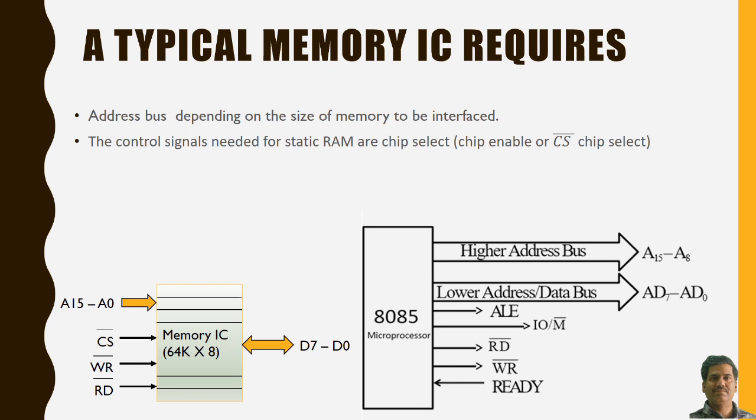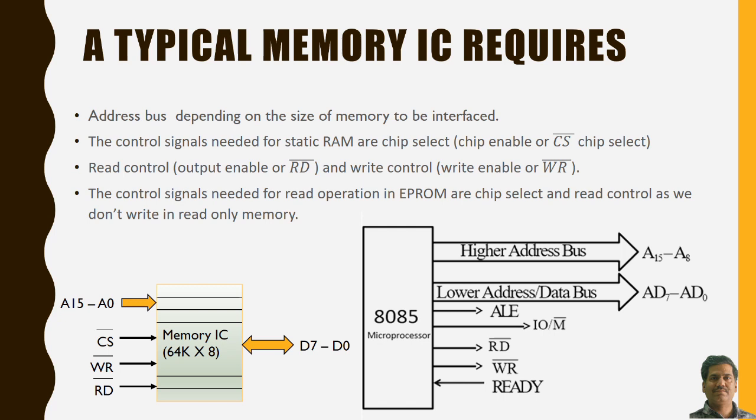The control signals needed for static RAM are chip select, that is chip enable or CS bar. This CS bar is an active low signal. When it is low, the chip will be selected; if it is not, the chip will not be selected. Next is the read control, that is output enable or RD bar. This is also an active low signal, and then write control WR bar.